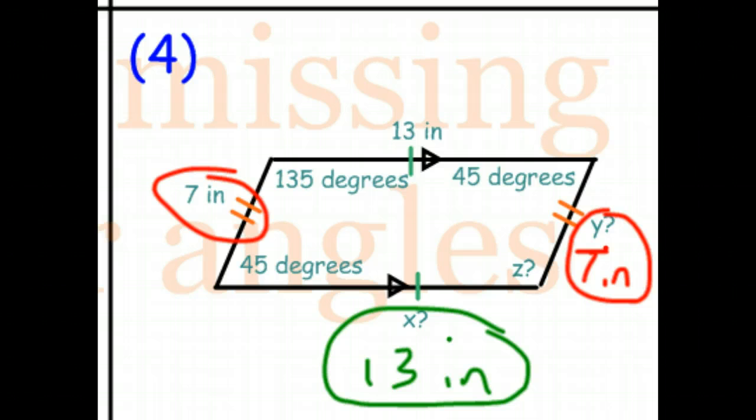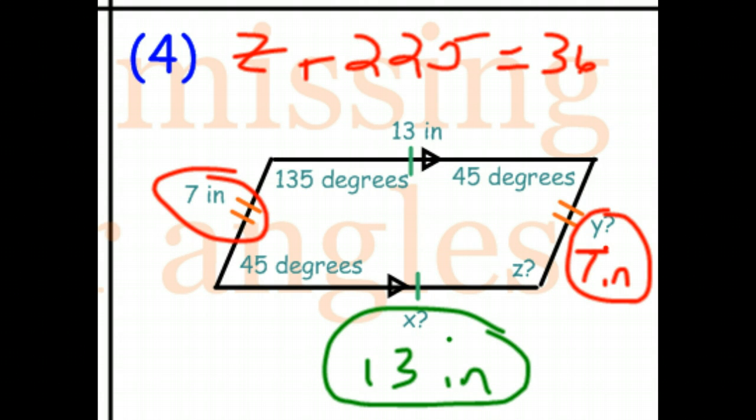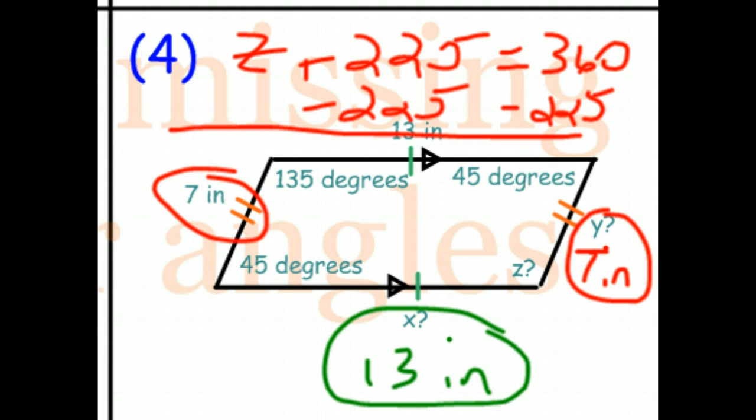We can see that we have two angles of 45 degrees and one angle of 135. If you add all that up, that becomes 225. So I'm going to take z plus 225 is equal to 360. Subtract 225 away. And finally, we are left with z is equal to 135 degrees.